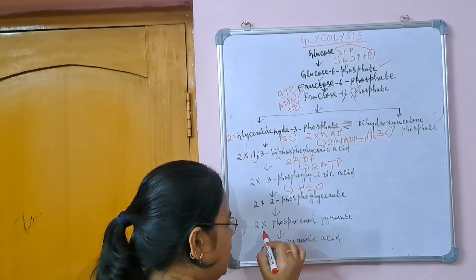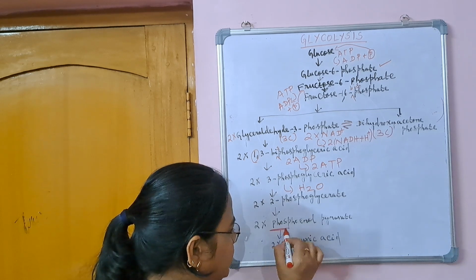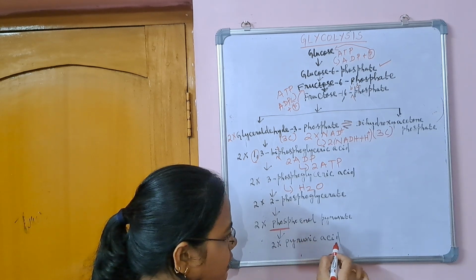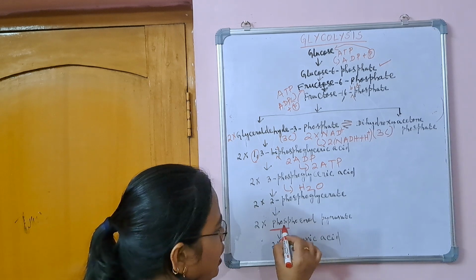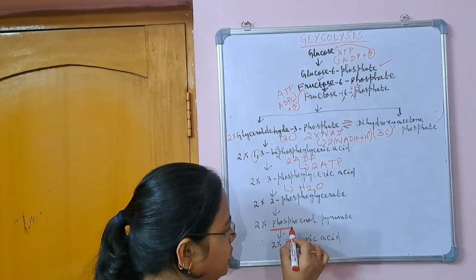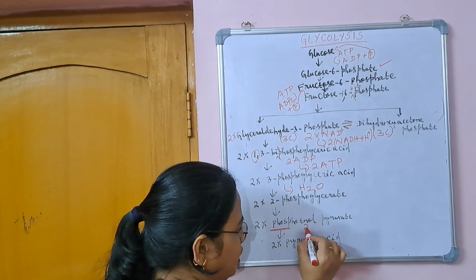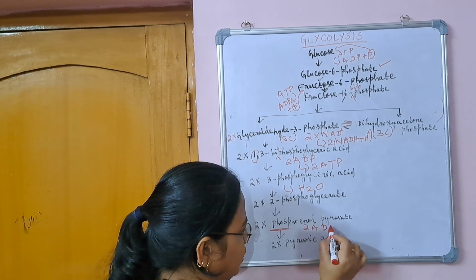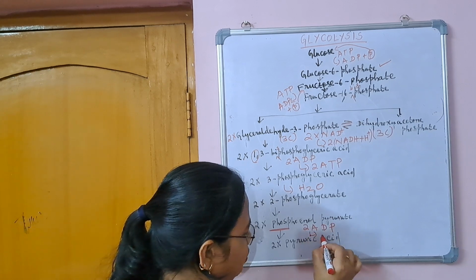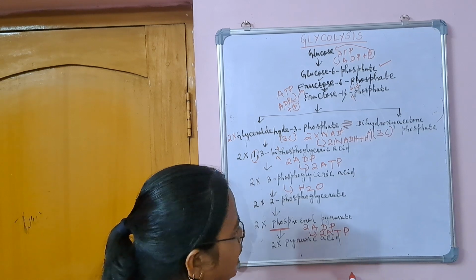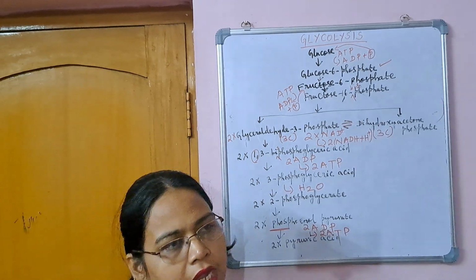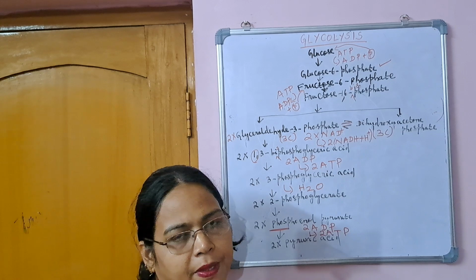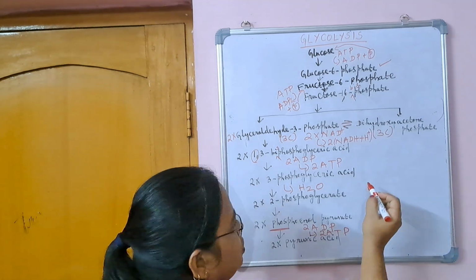Here you see 1 phosphate group was here and now in the pyruvic acid no phosphate group is there. Where did this phosphate group go? Here again 2 ADP will use those inorganic phosphates and produce 2 ATP.